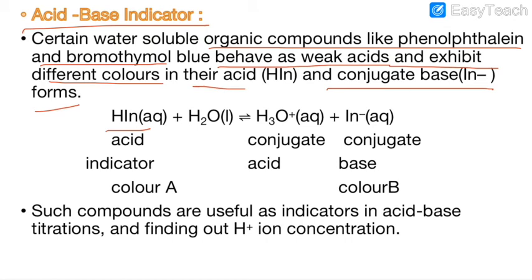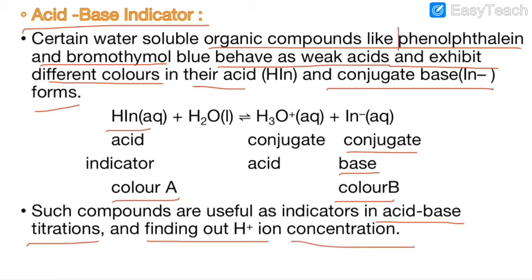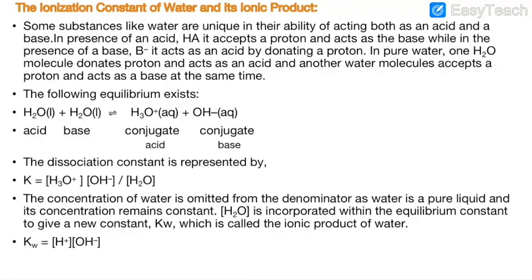When we dissolve this indicator, which shows color A in water, it gives its conjugate base, which shows a different color, that is color B. Such compounds are useful as indicators in acid-base titrations and in finding out H plus ion concentration. Phenolphthalein is a very common indicator which we use in acid-base titration. This is part of our practicals in class 11th.